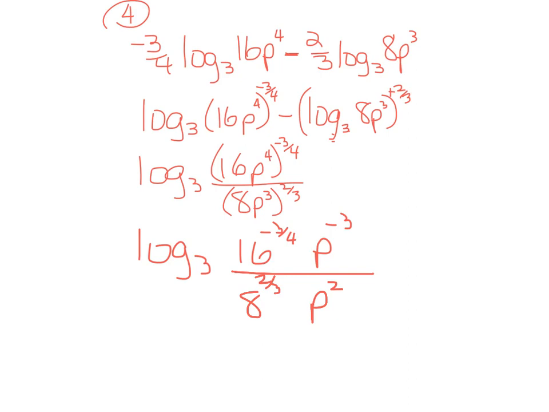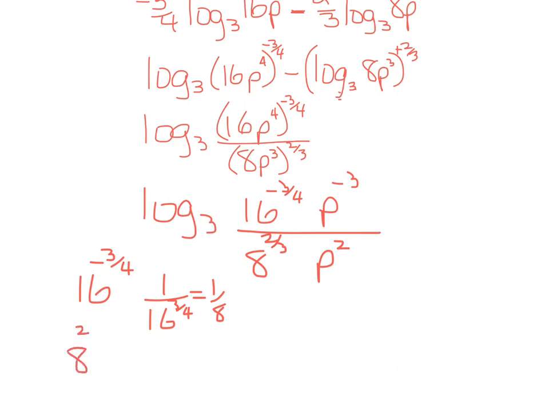I could either change the base, or I could simplify 16 to the negative 3/4 power. This is really 1 over 16 to the 3/4. And then I could do the 4th root of 16, which is 2, and then cube it. So this will actually become 1/8. And then 8 to the 2/3 power is really saying the cube root of 8 and then square it. So that gives me 4.